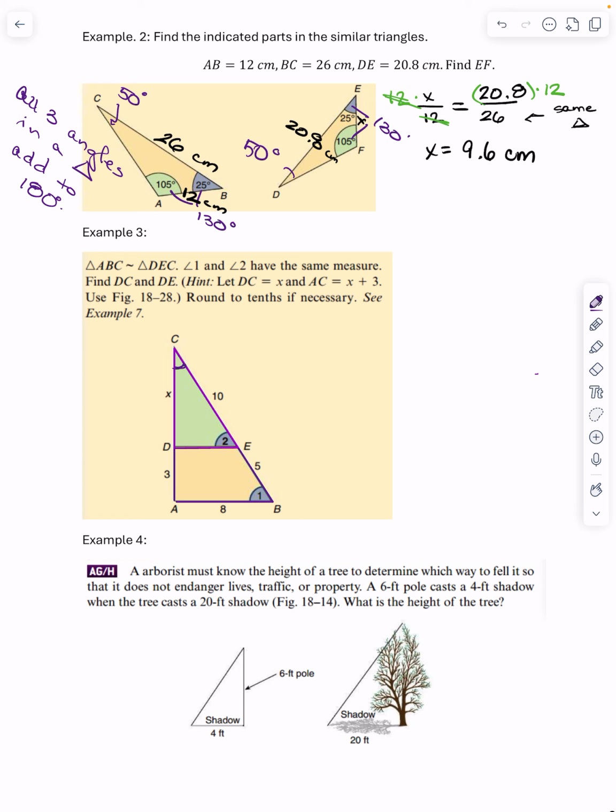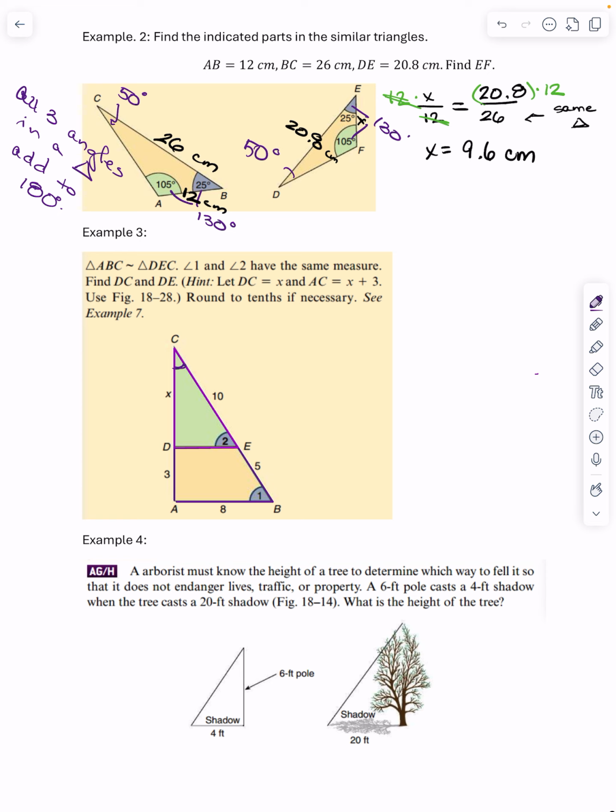Right? So in ABC, we've got that angle C, and in DEC, we've got that angle C. It's exactly the same. So they told us 1 and 2 are congruent. We've got C and C. I've got 2 out of 3 angles. We know that these are congruent. Fair enough? Even though they told us they were similar, we didn't really need to do that.